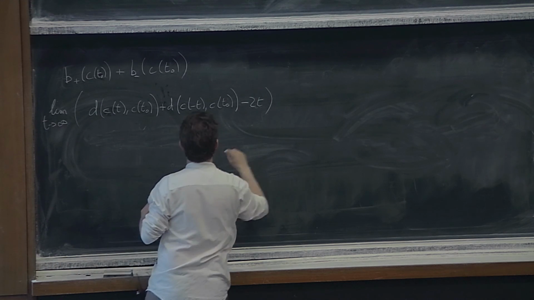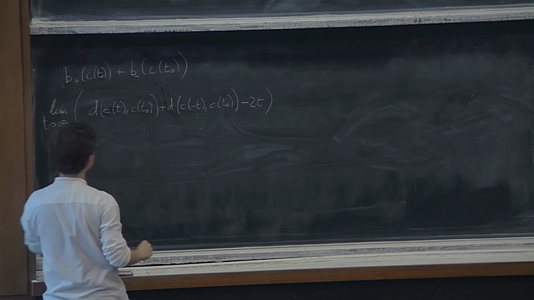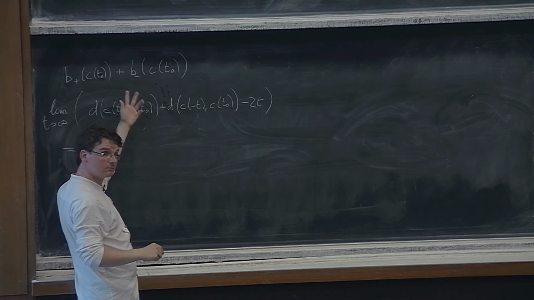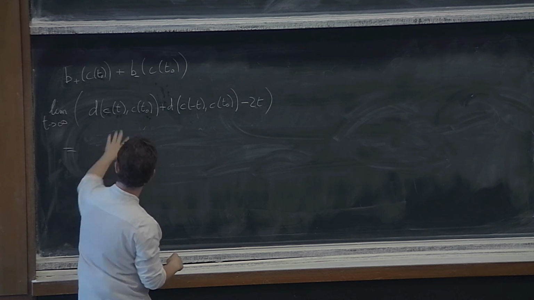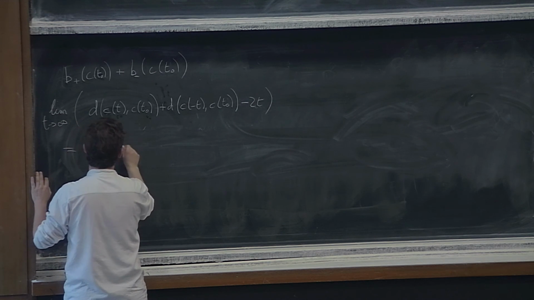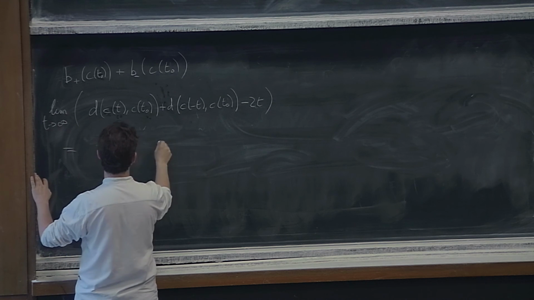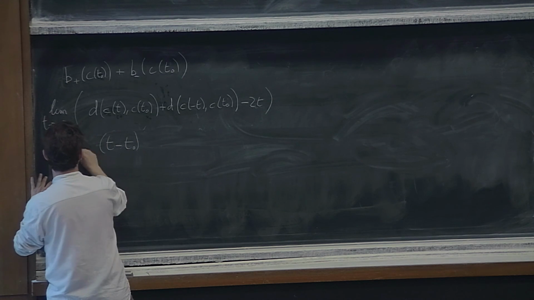So here, when t is really big, t naught is smaller. So that's just t minus t naught to get the absolute value.